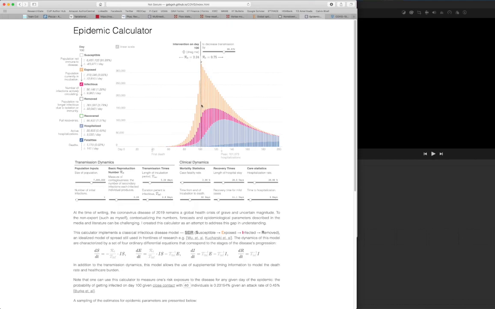So the number of cases peaks here, but then it's some time before the number of people exposed peaks here, and then the peak in the number of actual infections comes later, and then the number of hospitalizations peaks even later, and the number of deaths peaks quite a bit later. So just because you reach the maximum in this curve doesn't mean you're out of the woods in terms of fatalities.